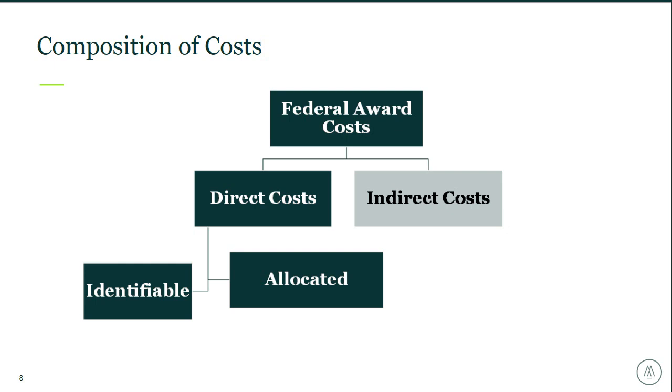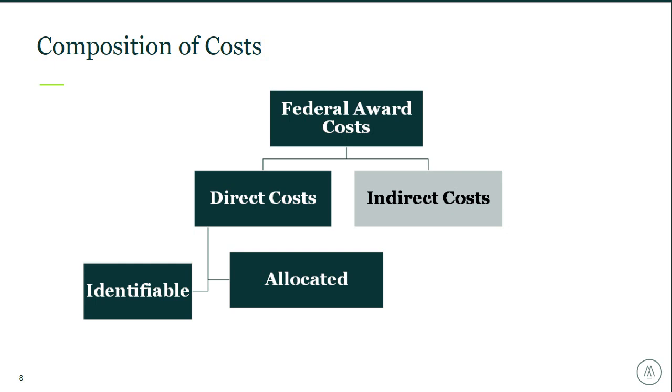But you can also have allocated direct costs that you charge directly to a program. So an example of that might be utilities for a particular building that's getting allocated to program costs, or sometimes we see phone costs where you're taking that phone bill and allocating out cost to each grant or program.